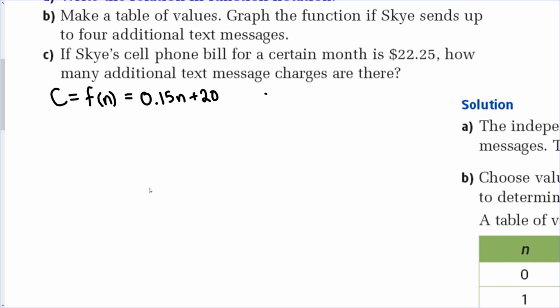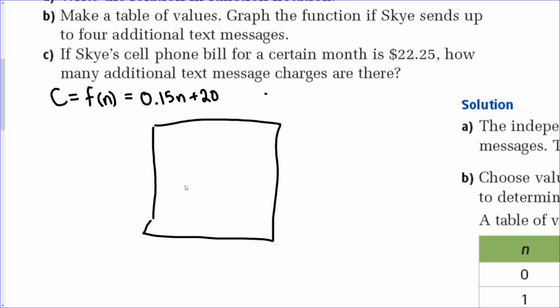So we'll make the table of values. I apologize about the ugliness of the table. So our independent variable, our x variable, is n, the number of text messages. Our dependent variable, the cost, which I could also write as f of n, is the overall cost.